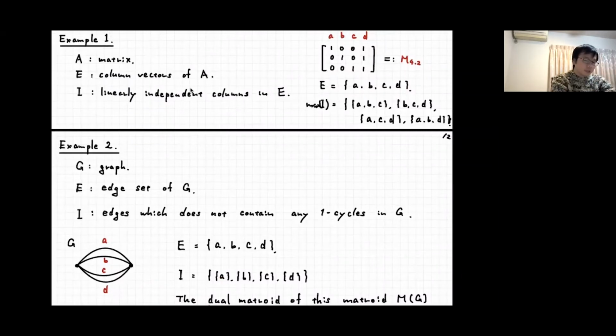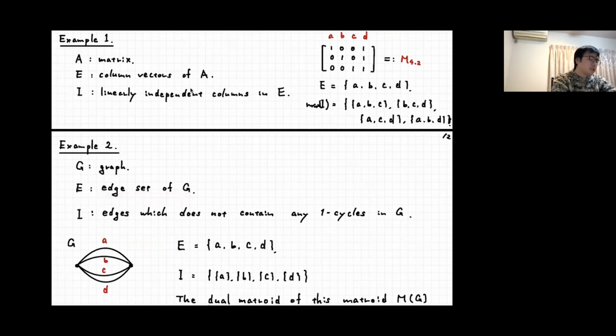But instead of starting from a matrix, we also can construct the matroid from the graph. So there is a connection between graph theory and matrix theory. The way to get the matroid from the graph is as follows. Starting from the graph capital G, E is the edge set of capital G, all of the edges.